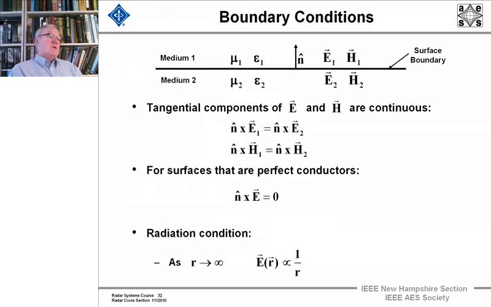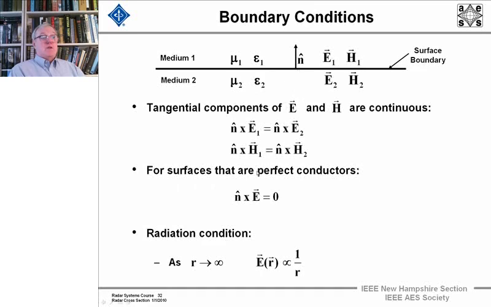Now let's look at boundary conditions. And this is the key thing. The tangential components of E and H are continuous. And this follows directly from it. When you have medium 1 and medium 2 with mu1, mu2, epsilon 1, epsilon 2, and we've got an electric field on one side, magnetic field, and this is the normal.